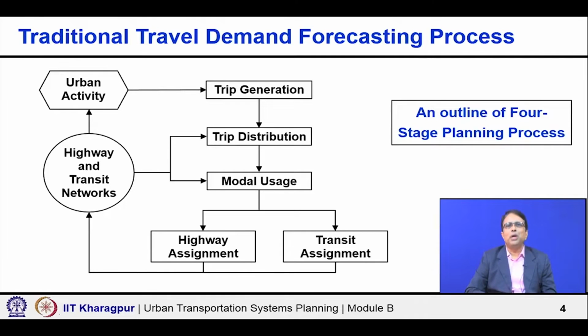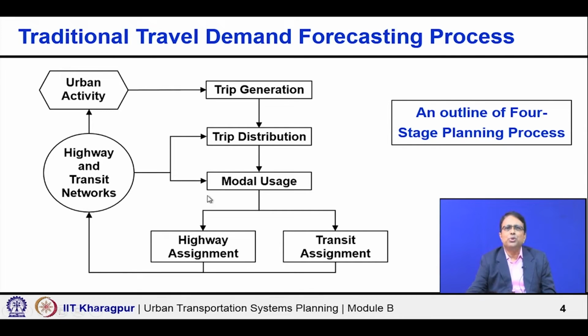So, we need to go back and, with the revised values, update the network and the travel time, travel cost and every other parameter accordingly, and maybe we need to go back to trip distribution or mode choice as the case may be, and then repeat the procedure till the whole process is really stabilized.